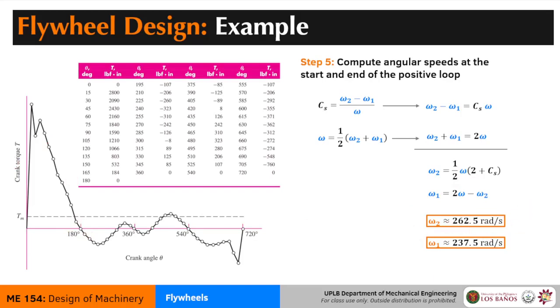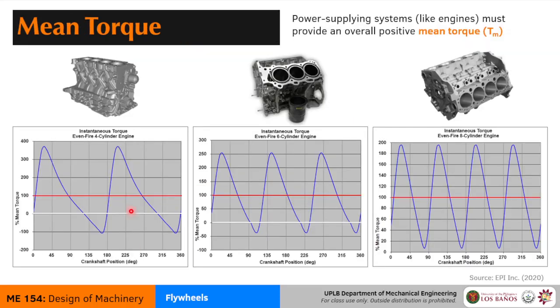Now, let's look at some examples of other torque curves. This illustrates the effect of having multiple cylinders for your crankshaft. Here is our I4 torque profile, inline 4 cylinders. The white mark is the zero torque, while the red mark is the mean torque.